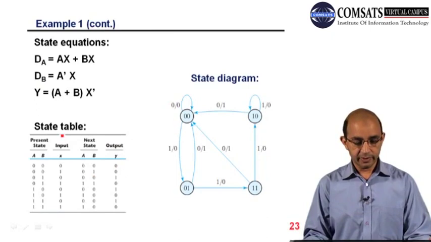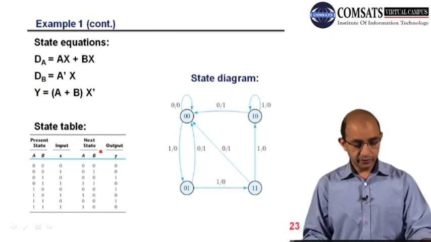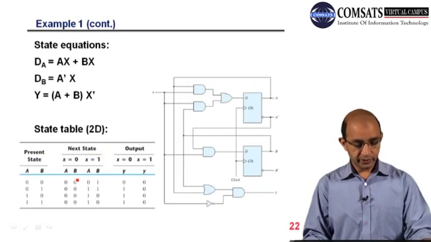So from this state table, we have four states: 0 0, 0 1, 1 0, 1 1.